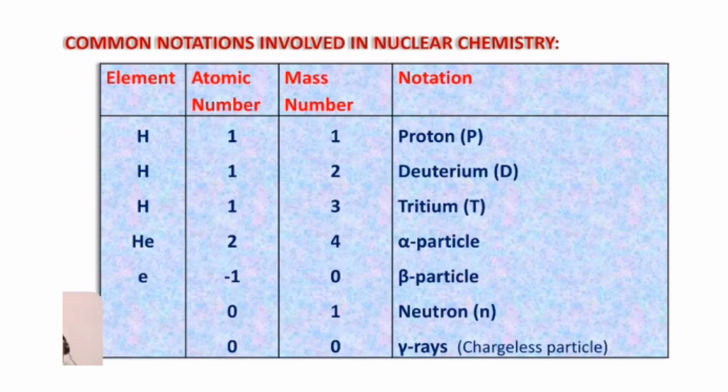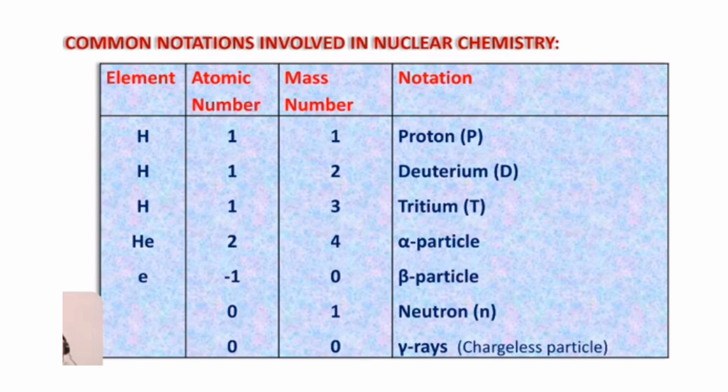So, common notations involved in nuclear chemistry. Hydrogen with atomic number 1 and mass number 1, we call proton, P. The element with atomic number 1 and mass number 2, we call deuterium, D. Hydrogen with atomic number 1 and mass number 3, we call tritium, T. Helium with atomic number 2 and mass number 4, we call alpha particle.